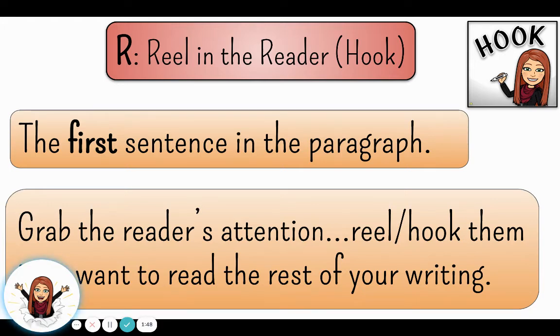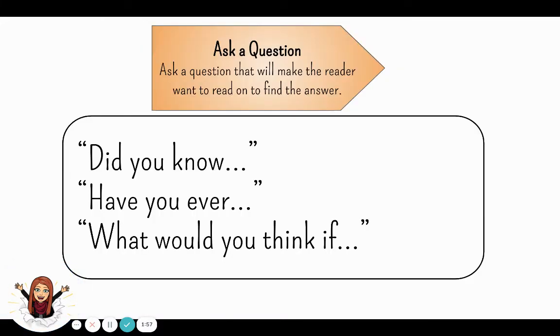So how do we do this? This, for lots of writers, including myself, can be the hardest part. Don't worry, we have a really simple technique. This technique is called asking a question, and it works every single time. So this is where you think of a question that's connected to the topic, and you ask the reader a question.